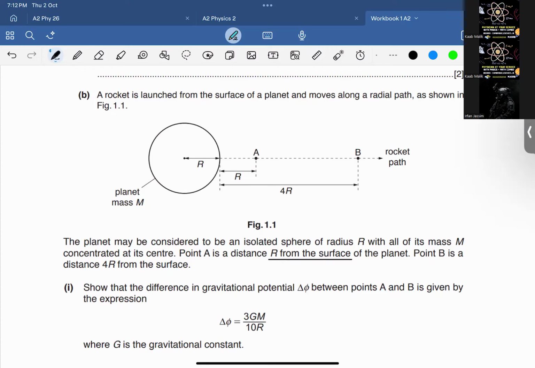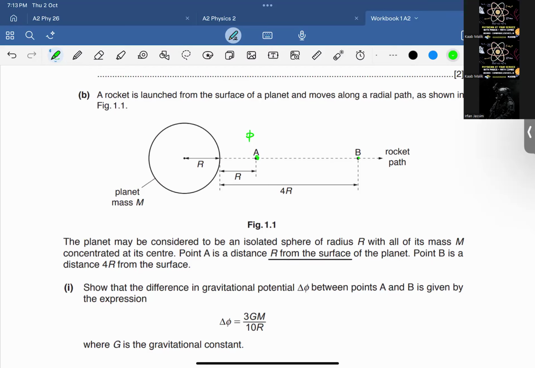What should you do? You have one point right here and the other point right here, B, right? For point A right here, you will find the gravitational potential, since we are talking about the gravitational potential. So you can find the individual gravitational potential at A and at B, and you can subtract them, right?